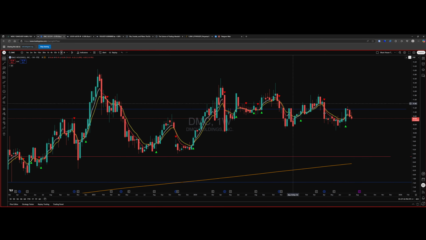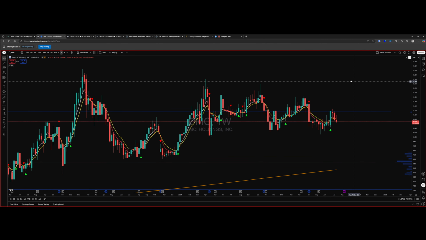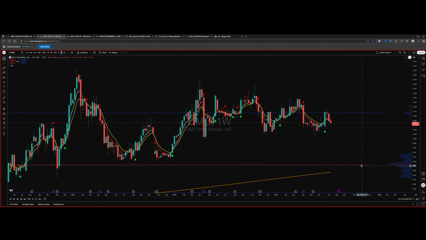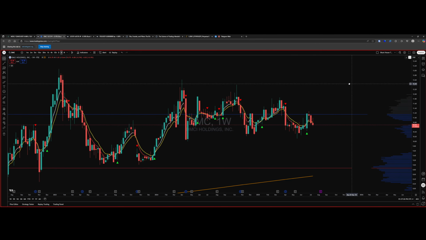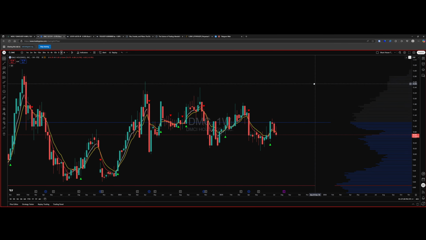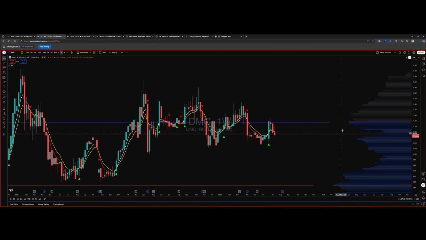We know that this is an upper value range, right? We know that with the point of control being down here, there's a gap. So you don't want this thing to fall into this gap.